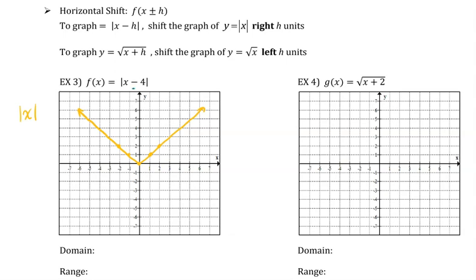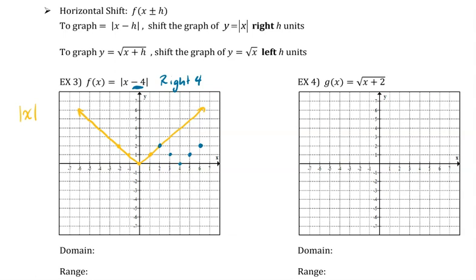All right, now we have minus 4. So remember, opposite of what you think it should be. Normally negative means left, but since we're doing the opposite, this is going to be right 4. So every single one of these points, I'm going to move to the right 4.